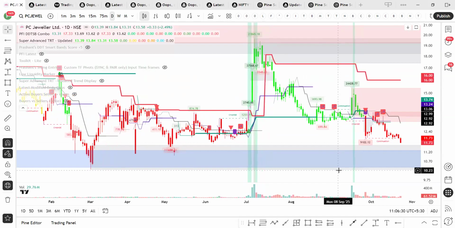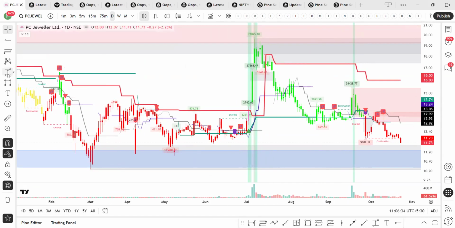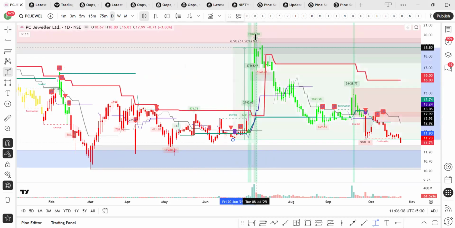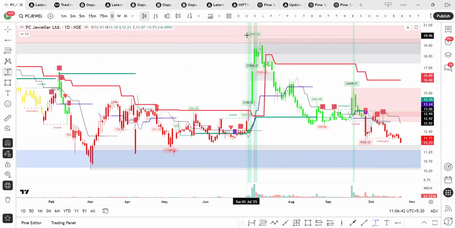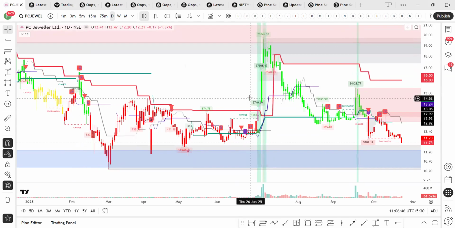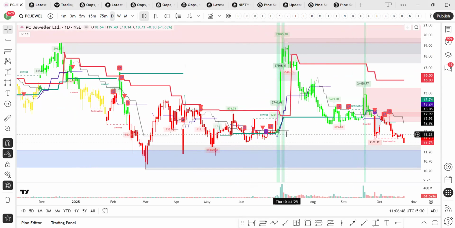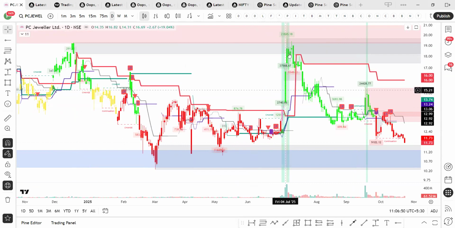So see, what happened here is a very rapid move. How much is that move? If we check from this low to this high, this is 65%. Too fast, too soon. Yes, sir, a very rapid move happened, a very fast up move.